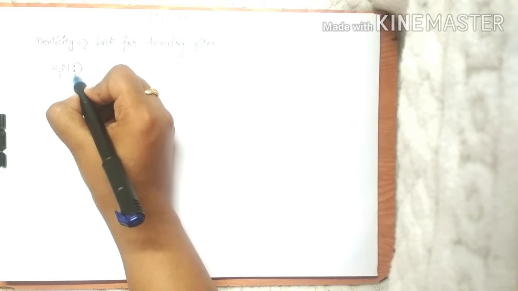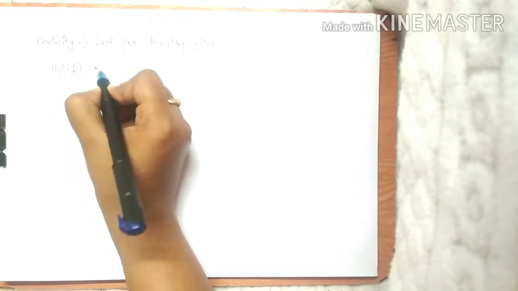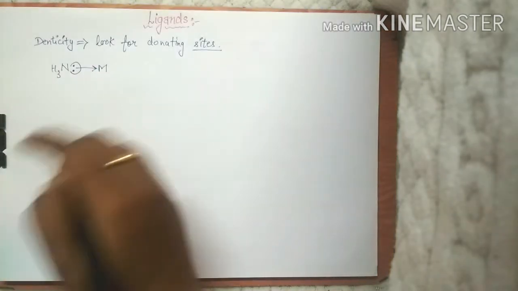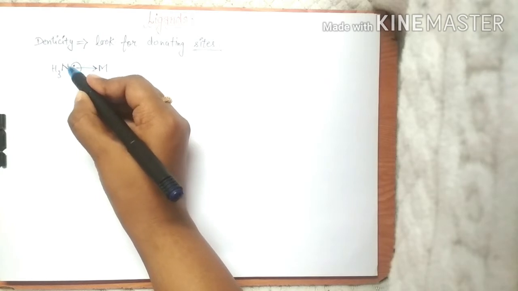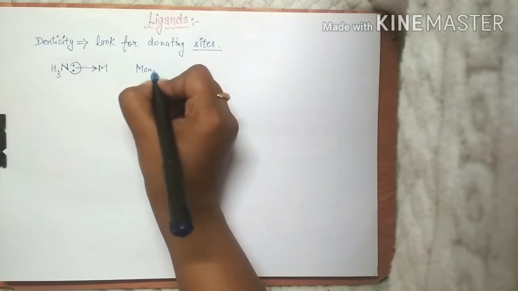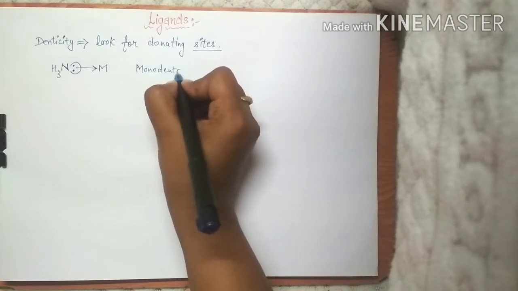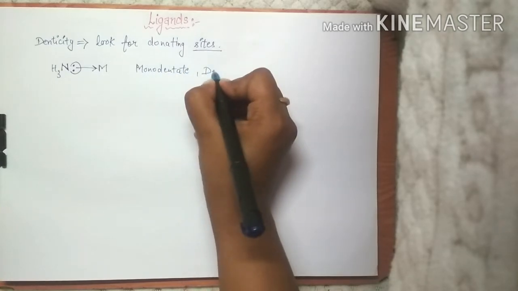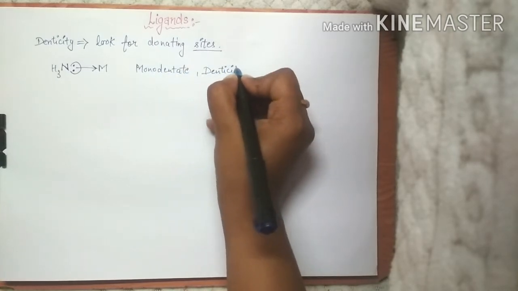Whenever ammonia acts as a ligand, it donates its lone pair to the metal. Because only one donating site is present, ammonia is a monodentate ligand having denticity equal to 1.